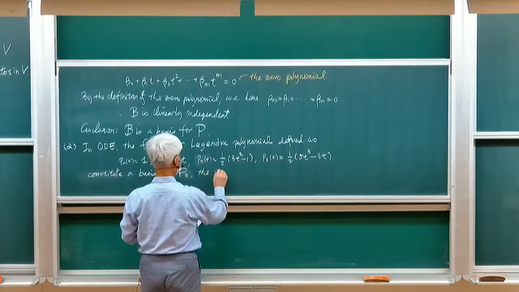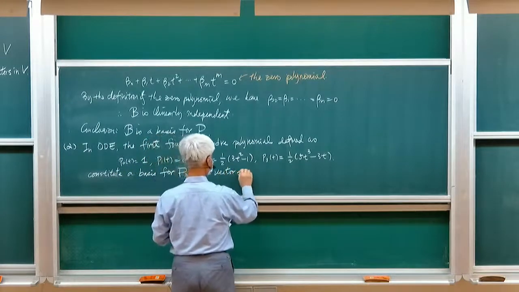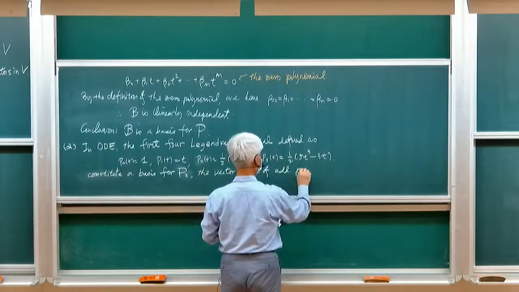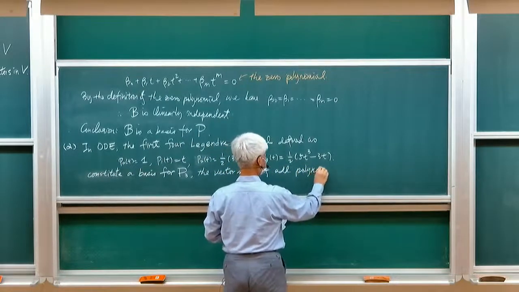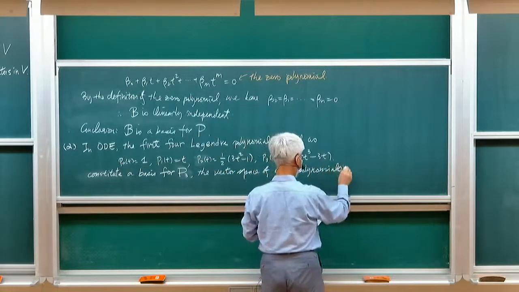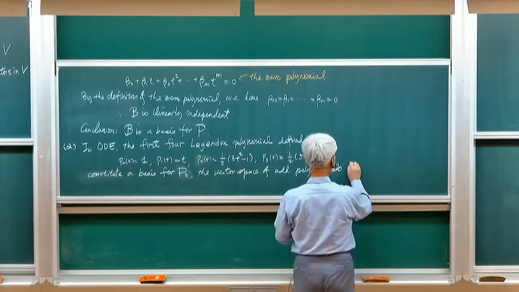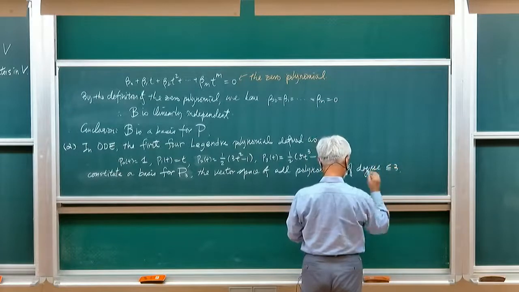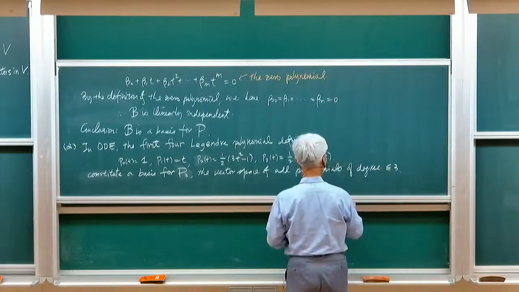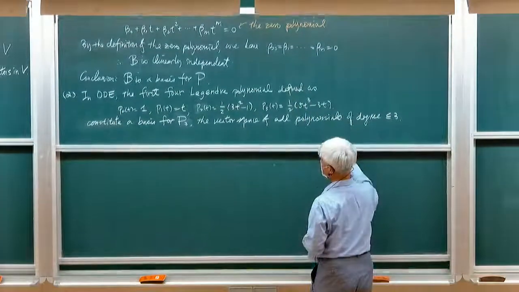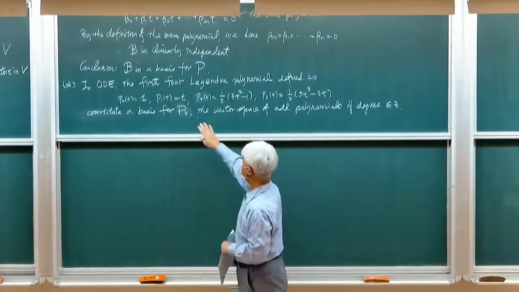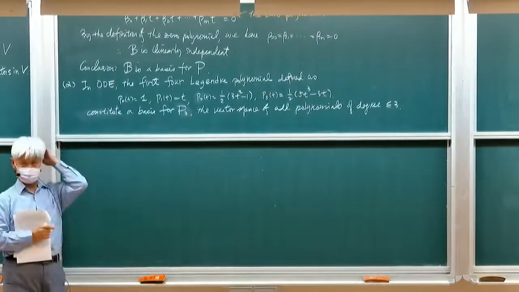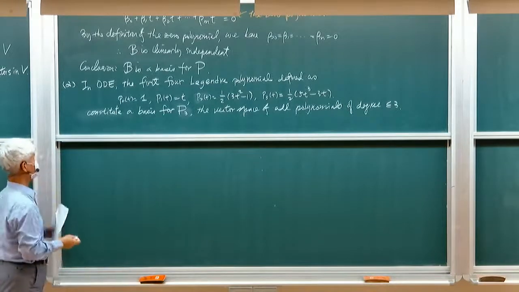So P3 is the vector space of all polynomials of degree less than or equal to 3. Okay, and we also know P3 is a vector space from chapter 2.